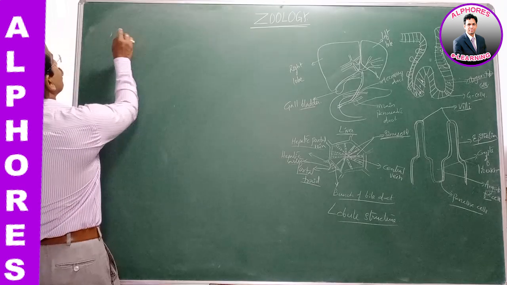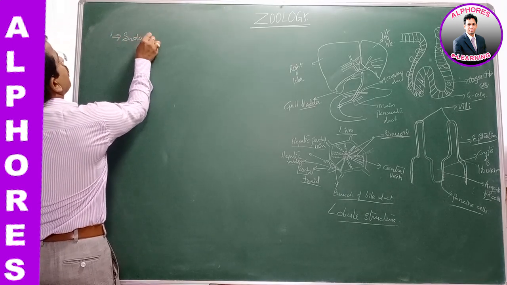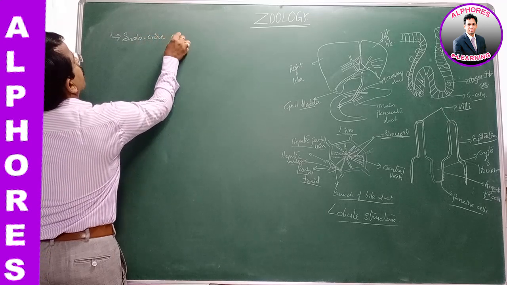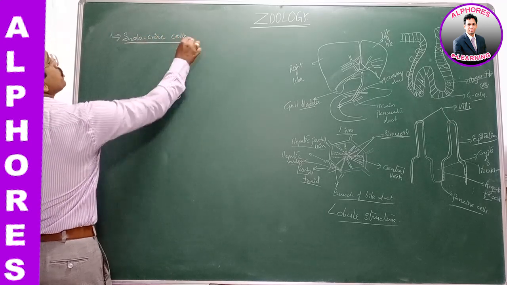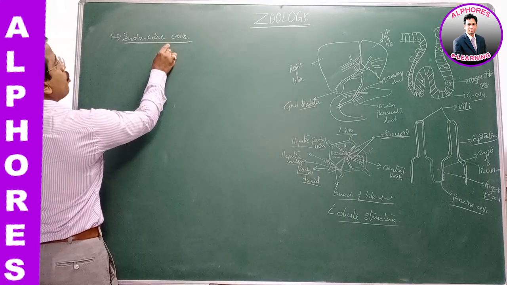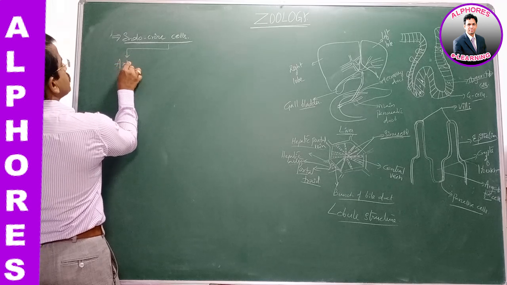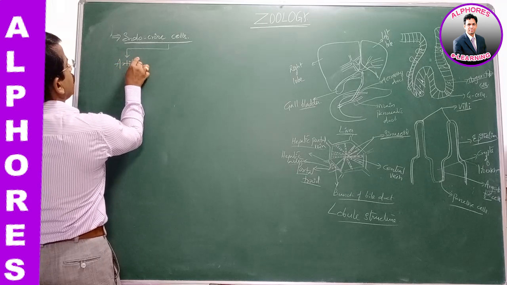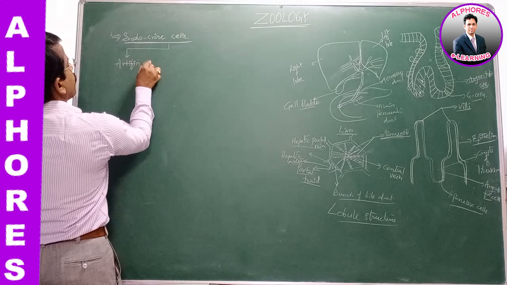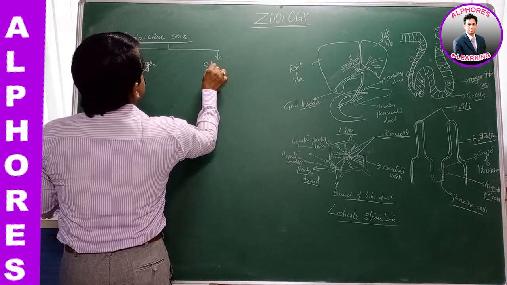Besides that, we do find the endocrine cells. Endocrine cells are also associated with the stomach. These are named the argentaffin cells, and also we consider the stem cells.